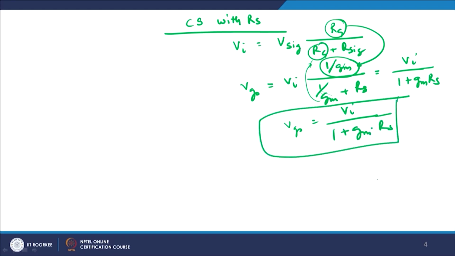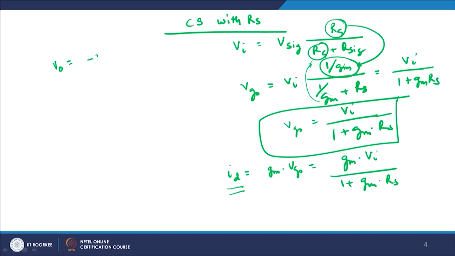This is the gate to source voltage. Therefore I can write down Id, the drain current flowing through the device, to be equal to Gm times Vgs. Vgs is nothing but this quantity, so Gm times Vi upon 1 plus Gm into Rs, right. If I want to find the value of V0, the output voltage, I just have to multiply Id with Rd parallel to RL.